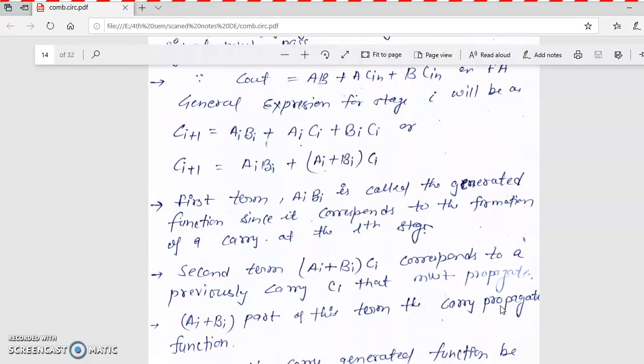The second term, Ai plus Bi multiplied by Ci, corresponds to the previous carry Ci, which must propagate. The Ai plus Bi part of this term is the carry propagate function. The first part is called the generate function, and the second part is called the carry propagate function. Clear, students? And this is the C out or carry out function of the full adder.